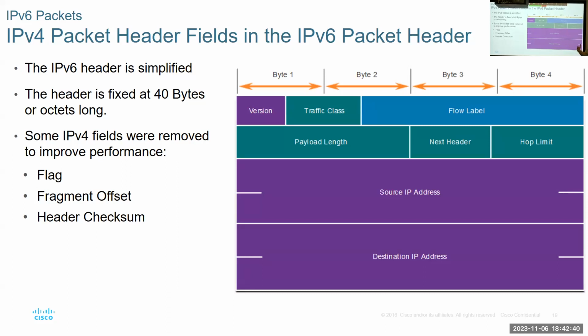Because if that TTL goes to 0 after they decrement it, then it gets tossed. It basically says, well, this packet expired, and some routers will send a message back to the source saying your packet expired. It'll say TTL expired. So hop limit is more descriptive.